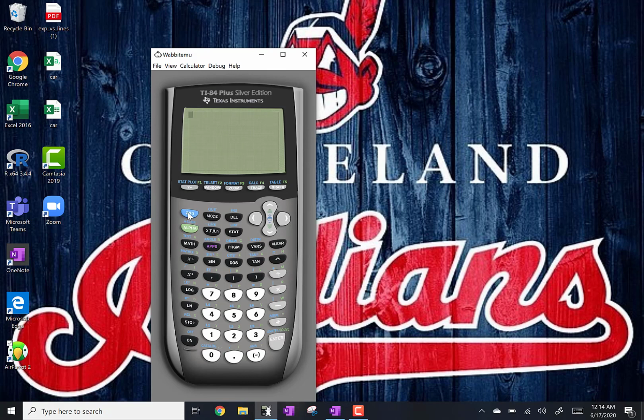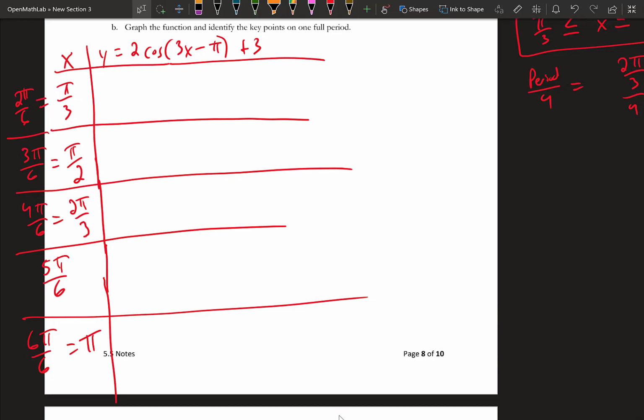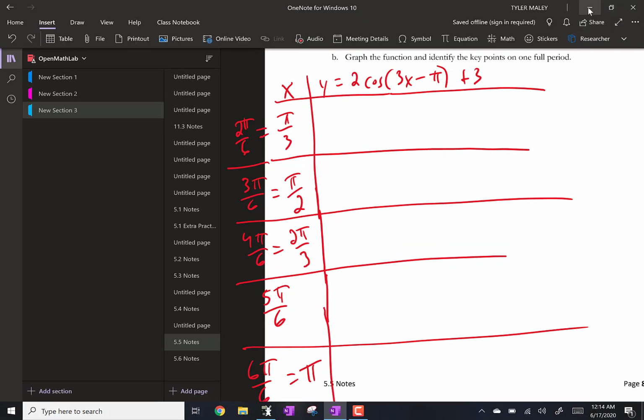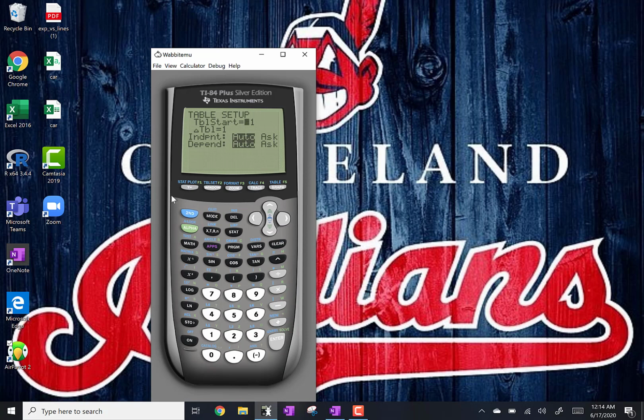So then we would go to second table settings. And then we want to start the table. Let's see, we were starting at, was it pi over 3, I think? Let's check. Yeah, pi over 3. And then we're going up by pi over 6, right? So we have pi over 3 here, and then pi over 6 here.